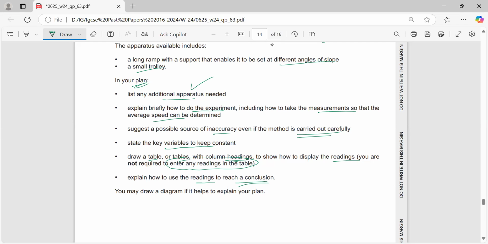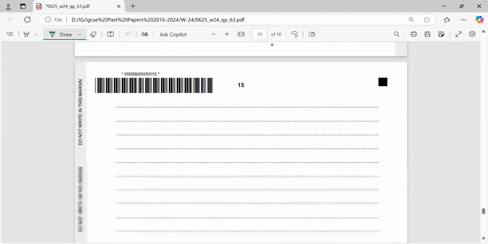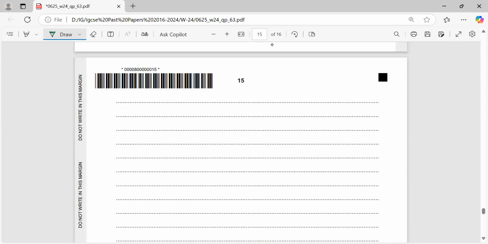List any additional apparatus needed. So we need, we can say, a protractor, of course.